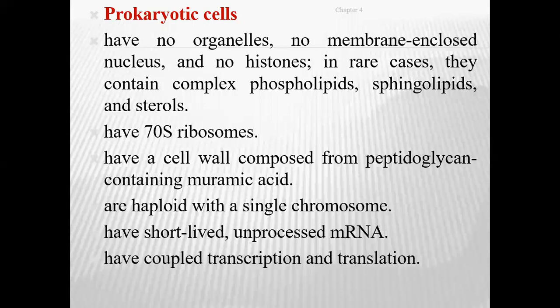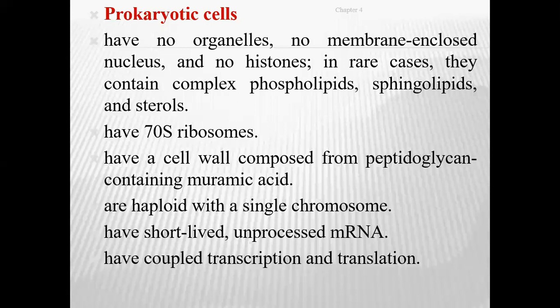The chromosome is single, circular, and haploid, with short-lived unprocessed mRNA. Usually, RNA is not processed because the DNA of prokaryotes has no intron and is not present inside a nucleus.